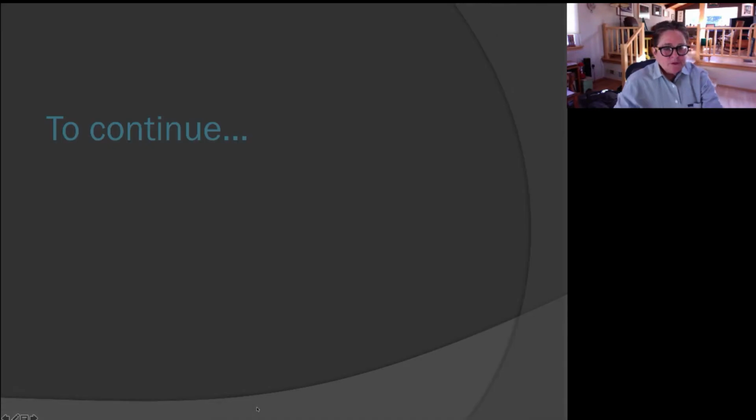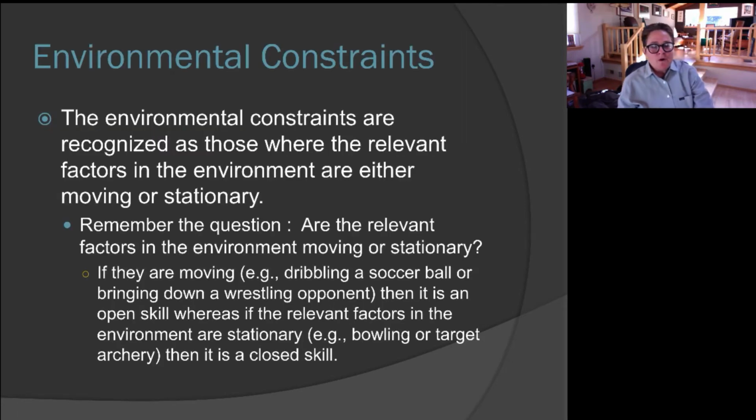So, as we continue our journey of understanding skills, I want you to understand the differing environmental demands on each of these skills. So, what are the environmental constraints? These are the relevant factors in the environment that are either moving or stationary.